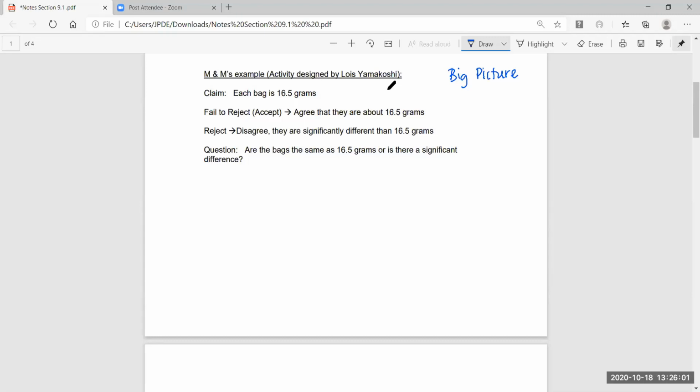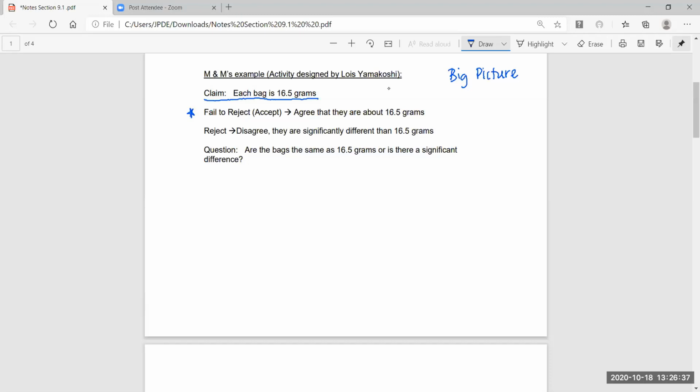I'm going to model this situation. So it's an M&M's example. Our claim, and we could say this is the claim of the M&M's Mars company, and their claim is each bag is 16.5 grams. The weight of the bag is 16.5 grams. We're going to take a sample of these bags of M&Ms, and we're going to decide, do we fail to reject their claim?